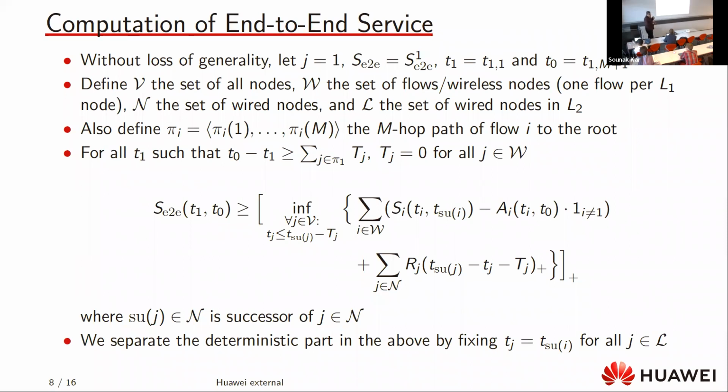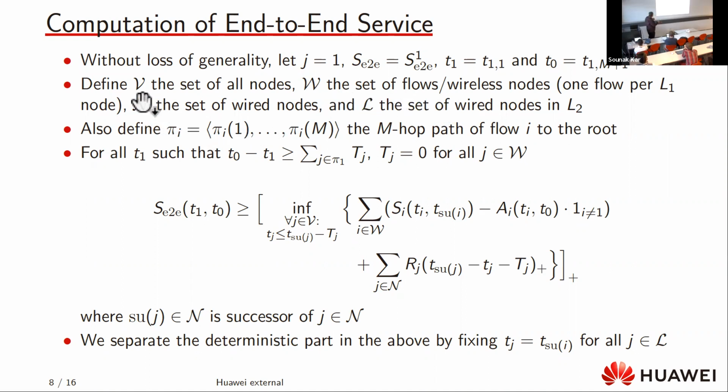Now, to compute the end-to-end service the way we described, what do we do? We partition the set of all nodes into 3 sets. So all these calligraphy letters are actually subsets. So we have W for the set of flows and the wireless nodes, because we have 1 flow per node by assumption, so it's the same.